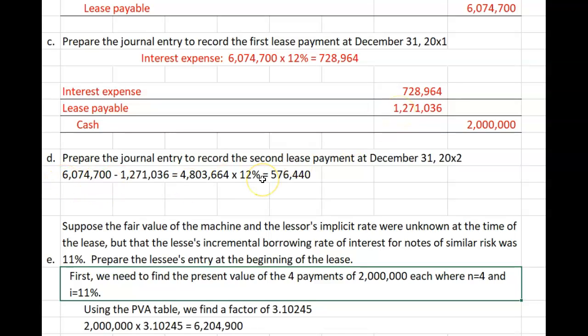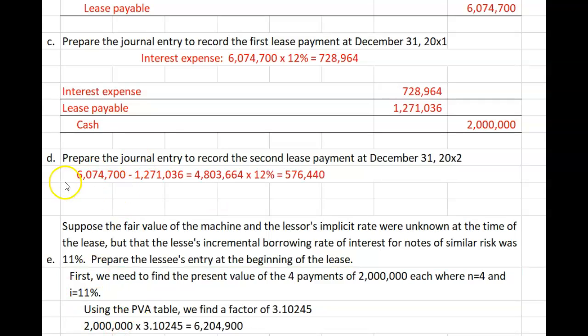And here's that calculation. $6,074,700 at the beginning of year 1 minus the amount applied to principal in year 1 equals a liability at the end of year 1 after the first payment of $4,803,664 times 12%. Interest expense then for year 2 is $576,440. Go ahead and record the journal entry for year 2.